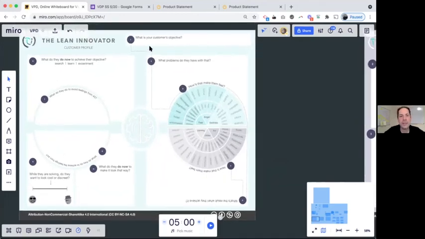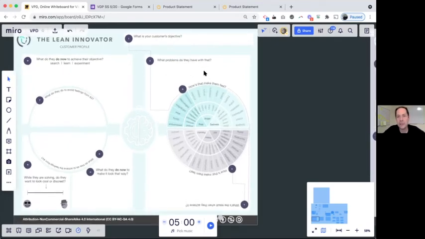Sometimes I need to put this into better context for my particular customer. A lot of times I'll start off by asking what my customer's objective is. What are they trying to do? They're at point A trying to get to point B. What does that objective look like? And then I'll say, okay, what problems do they actually have with that?